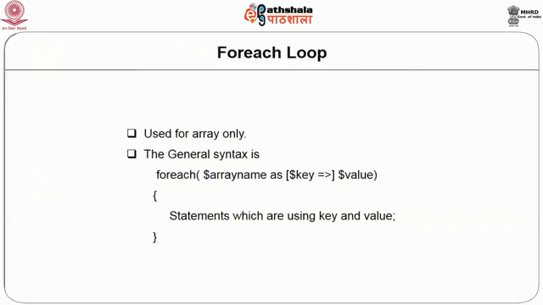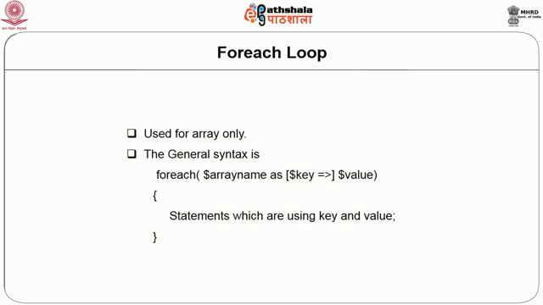Now if you want to use another loop, the foreach loop, because you don't want to use count and you want to display each element within the array, then the foreach loop will be very handy. The general syntax for foreach is you type foreach, then provide into parentheses the array name as, optionally key, then the arrow operator, which is the assignment operator and the greater than symbol right adjacent without any space, and provide $value.